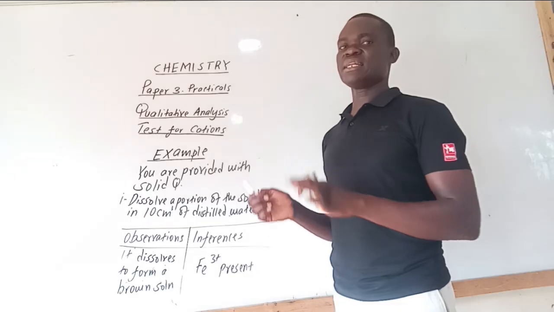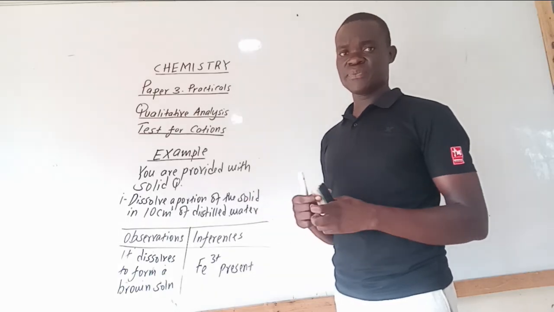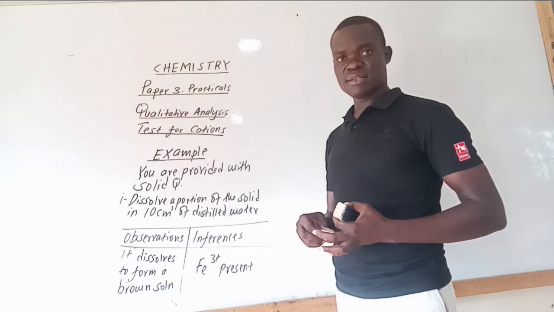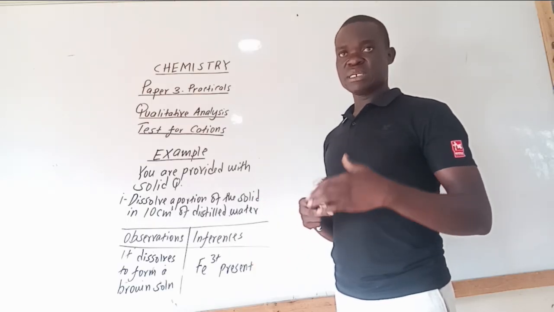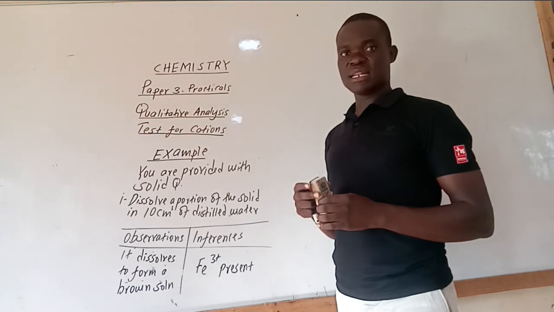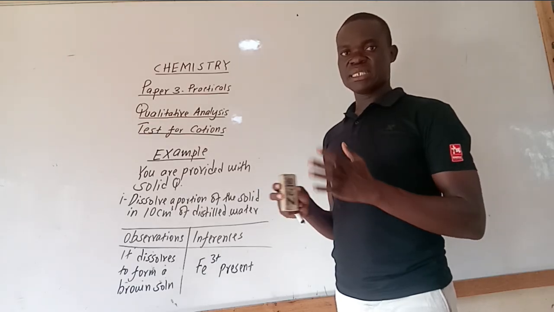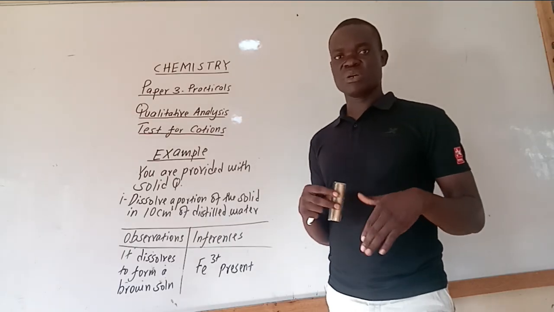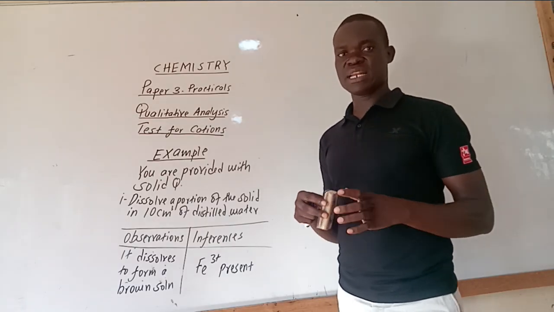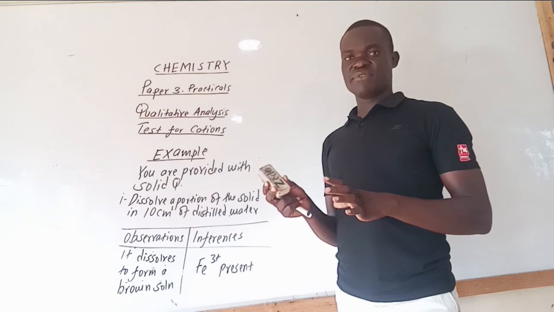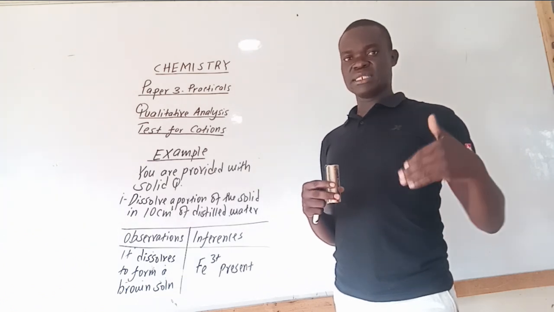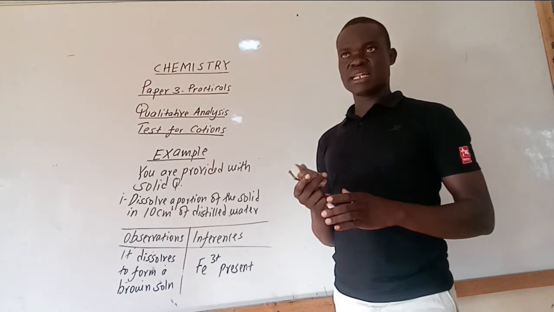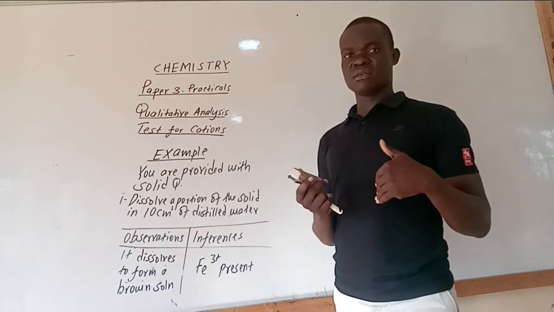There are over 20 colored ions, and we cannot state them all here. In paper 3, in most cases we give positive inferences, present, present, present, but in some instances we are forced to give a negative inference, absent.